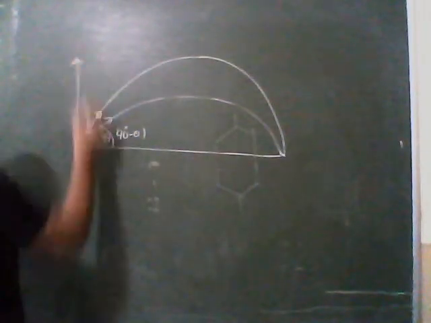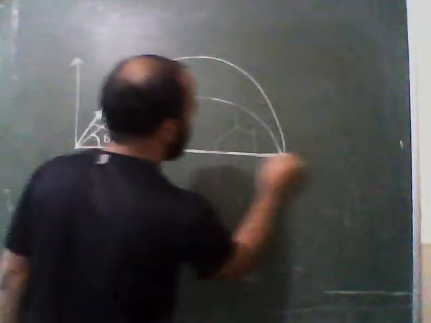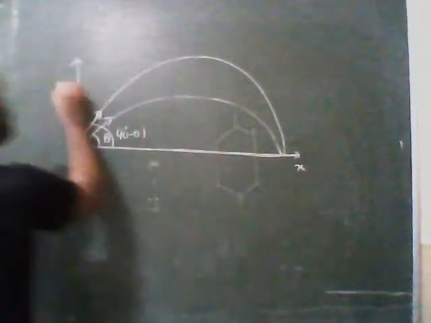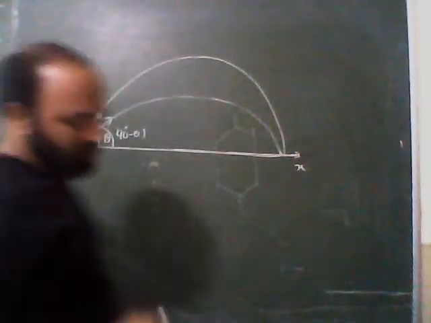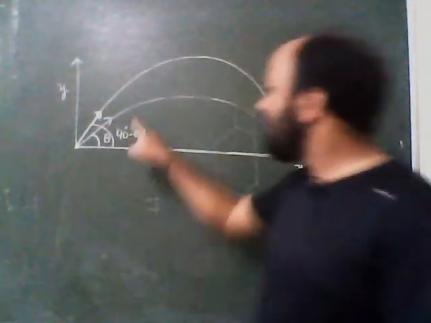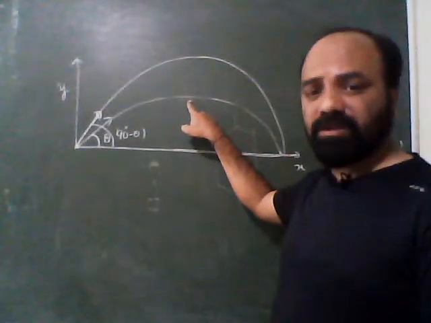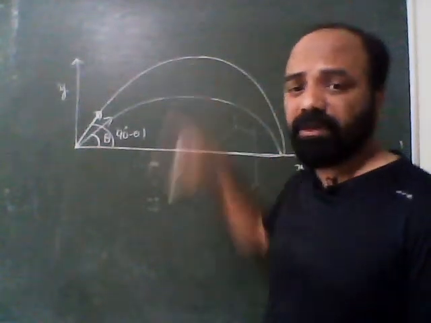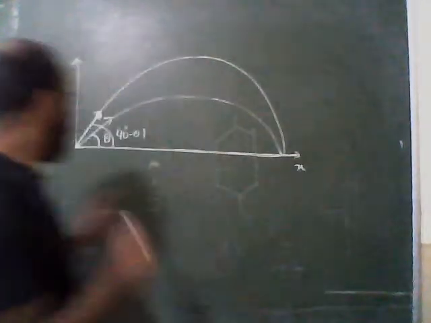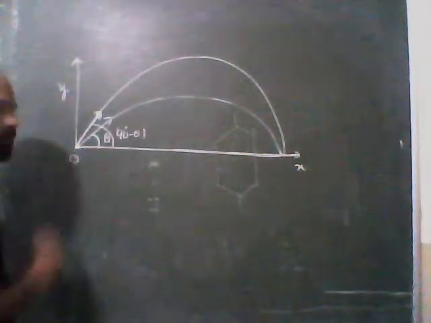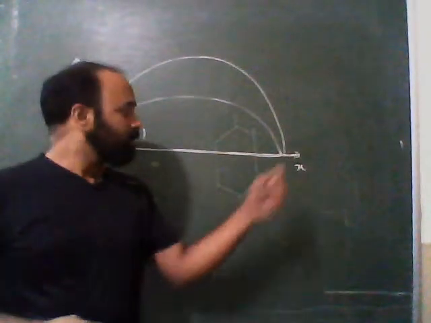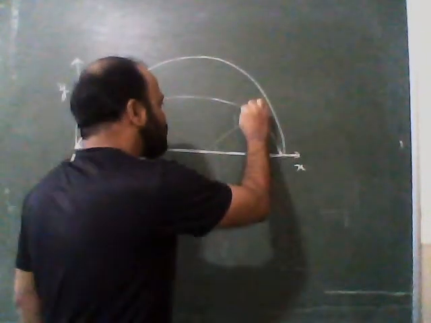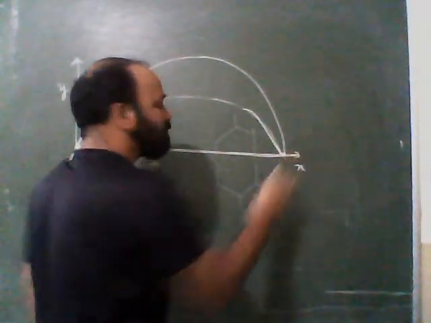As usual, this is the horizontal line, this is the vertical line. See the diagram, we have two projectiles. This is body A, this is body B, and the point of projection is the same point, striking at the same point. This also will come and reach the same point.